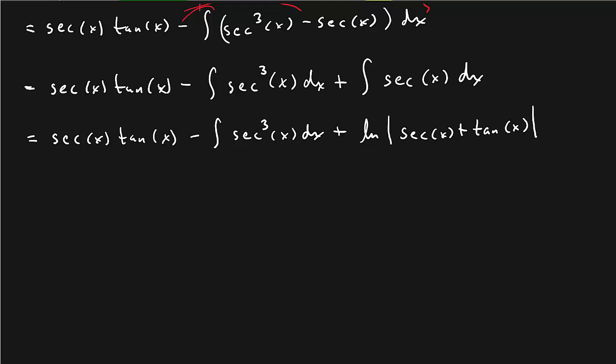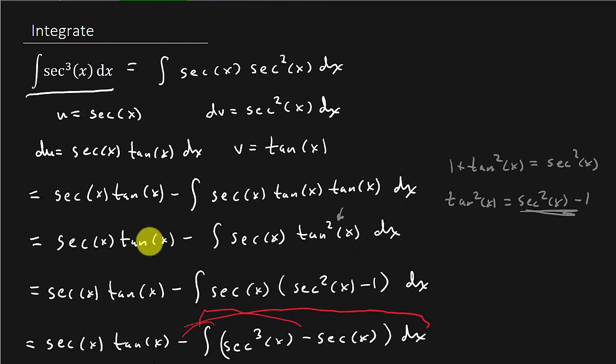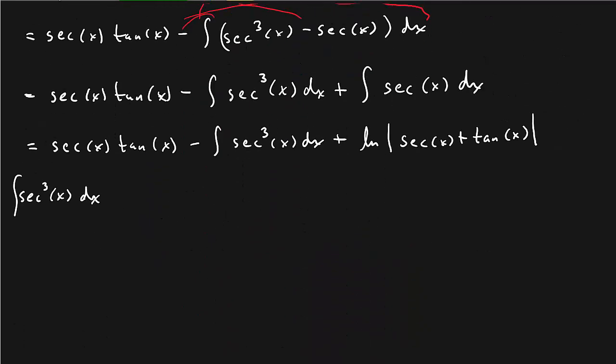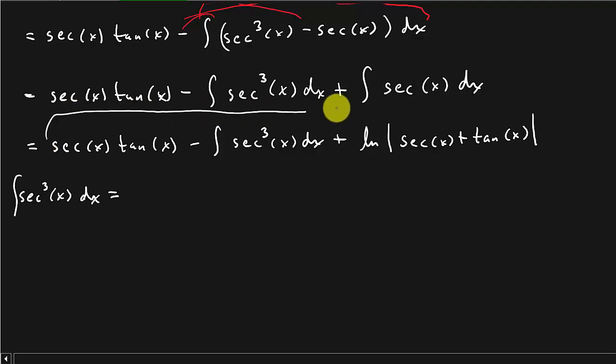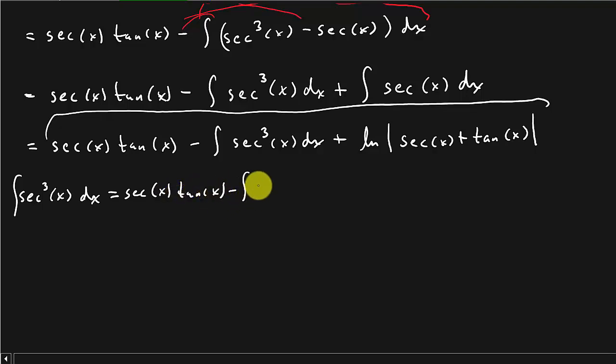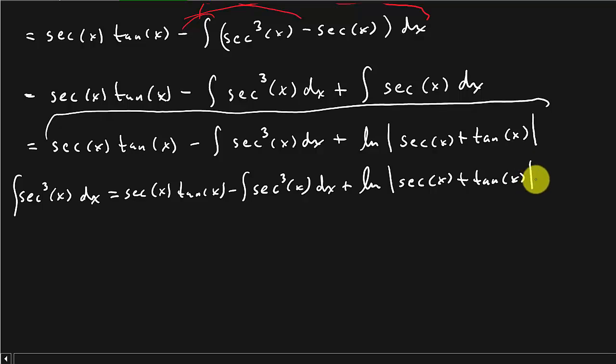So basically what it says is the integral of secant cubed x dx, I just wrote the problem down again, is equal to this thing right here, secant x tangent x minus the integral of secant cubed x dx plus natural log of the absolute value of secant x plus tangent x.